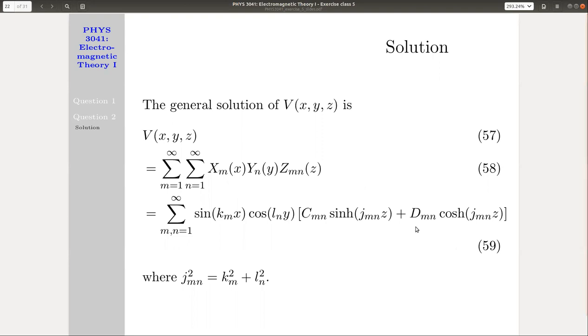And here, for simplicity, I have defined j_mn squared to be k_m squared plus l_n squared. It is just a simplification, to avoid the equation being too long. Here we have two coefficients, C_mn and D_mn, not yet determined.